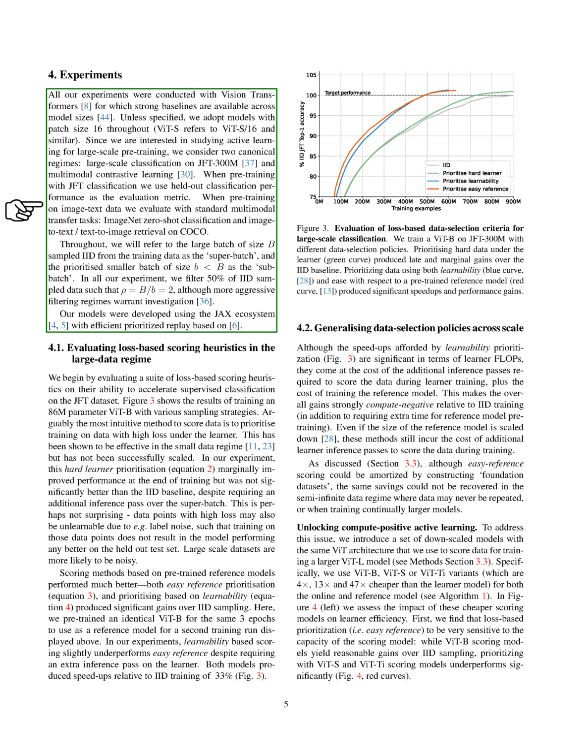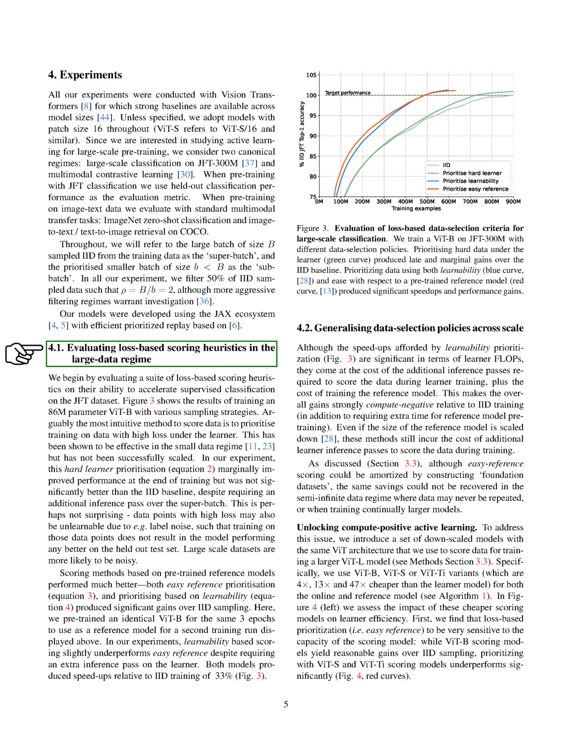For the second task, we evaluated the model on standard multimodal transfer tasks, such as ImageNet zero-shot classification and image-to-text or text-to-image retrieval on the COCO dataset. In our experiments, we used a large batch of training data, which we refer to as the super-batch, and a smaller prioritized batch, which we call the sub-batch. We filtered out 50% of the randomly sampled data, resulting in a ratio of 2 between the size of the super-batch and the sub-batch.